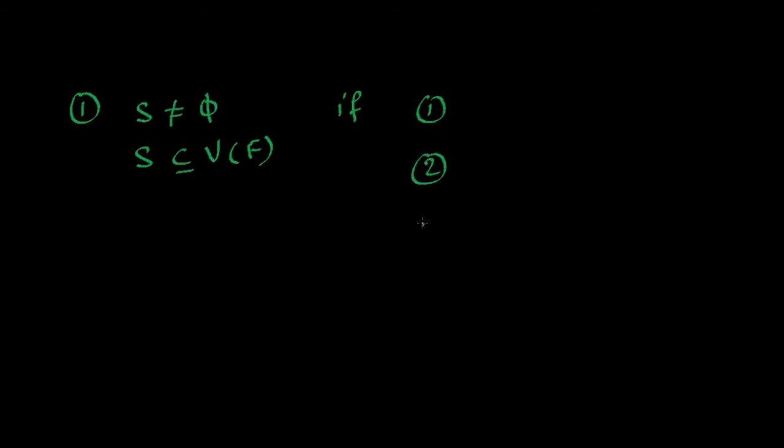So first thing is we have S non-empty and S is a subset of V. After that, if any one of these 3 conditions is satisfied, then we can say that S is a vector subspace of V. Condition 1 is known as the two-step test because it has 2 components.